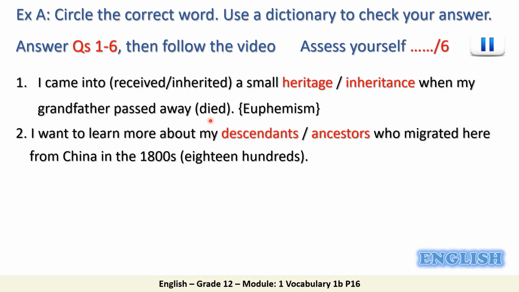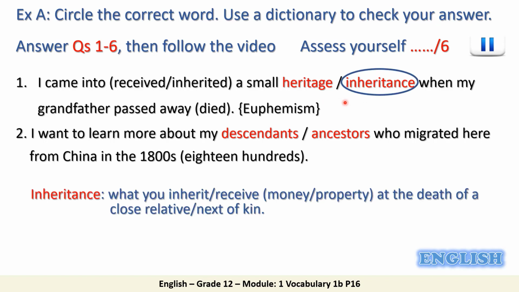Okay, so how about your answer? Did you use your dictionary? Excellent. Inheritance, because inheritance means what you inherit, what you receive, either money or property at the death of a close relative or next of kin.